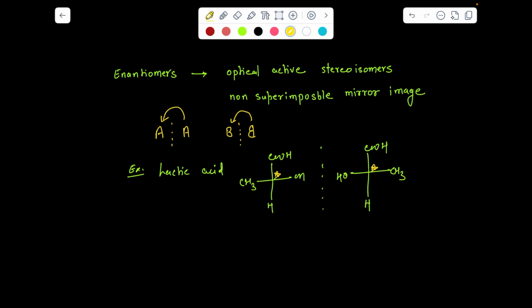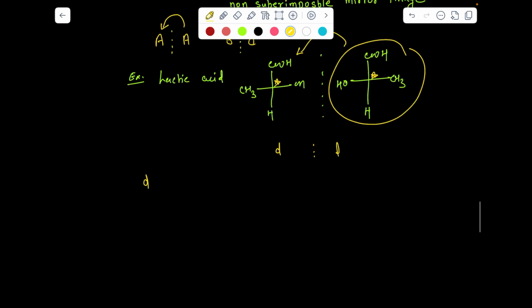If I try to keep this mirror image exactly on it at 0 degree or 180 degree, it cannot be superimposed. So it's a non-superimposable mirror image. One can be dextro, the other levo. If this is dextro, the mirror image will be levo, and this pair is named an enantiomer pair.